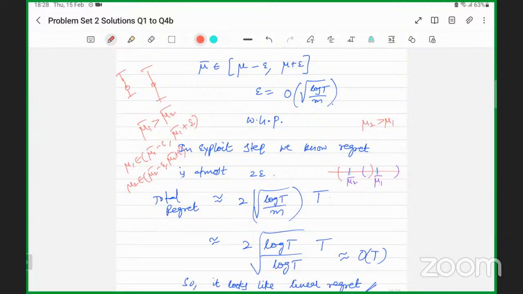So when is that possible? This difference should be less than 2 epsilon. I am not writing it carefully, but you can make some argument like this and you'll understand.